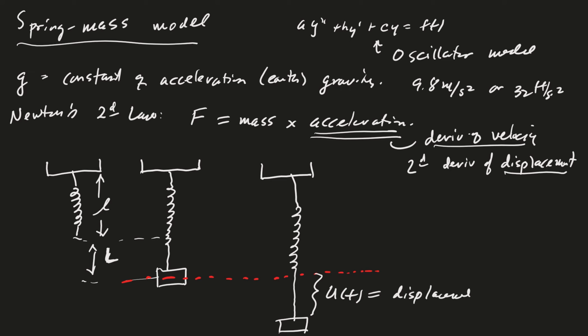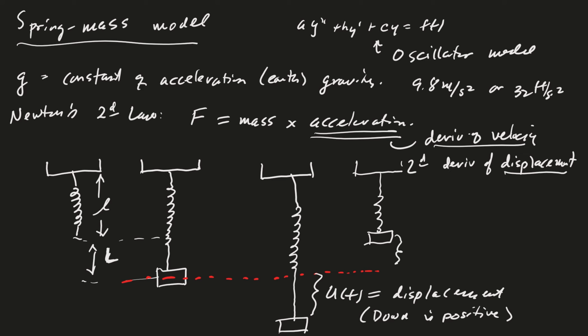And just in keeping with our book's notation, down is positive. If the spring had been compressed, if it's going up, that would mean that this is a negative value for u. So stretching is positive, compressing is negative. Good, so that's our notation.